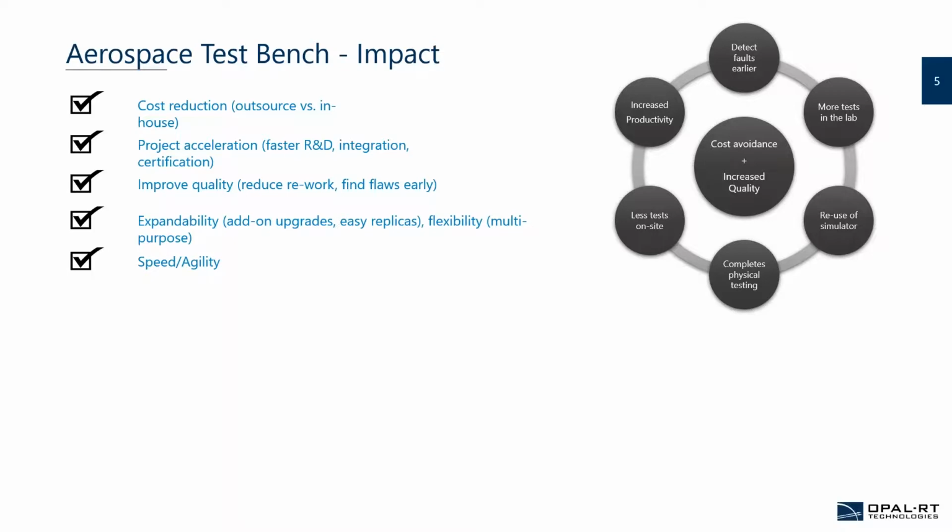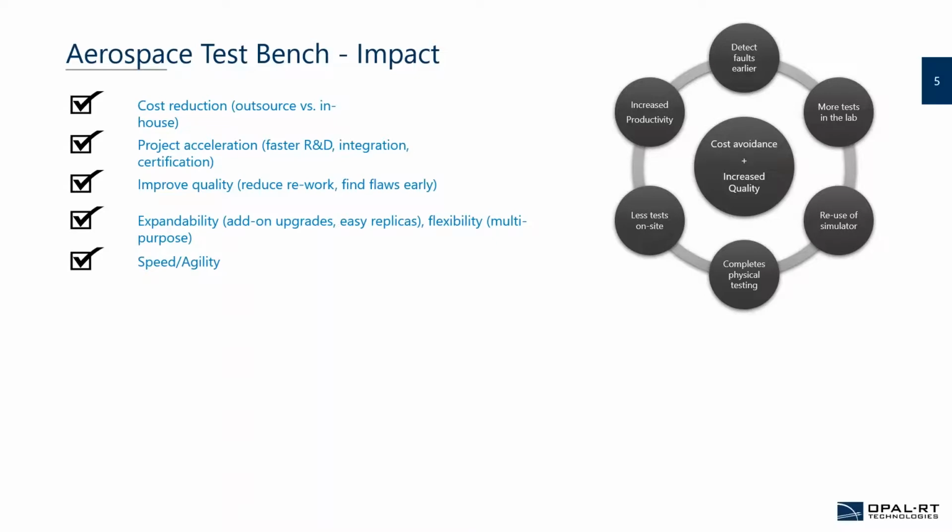Okay, so the earlier we can find any issues in the unit under test, the easier it will be to fix or improve the system. So the quality will be improved as well. We'll have also expandability.